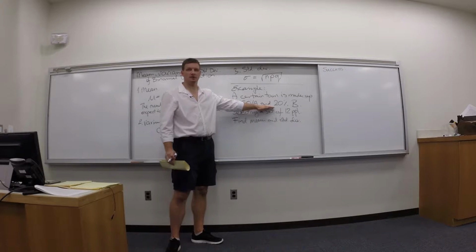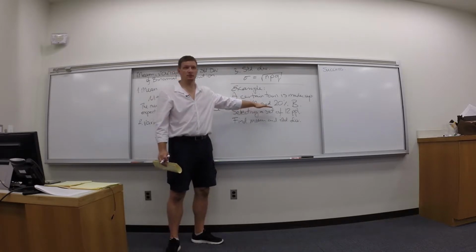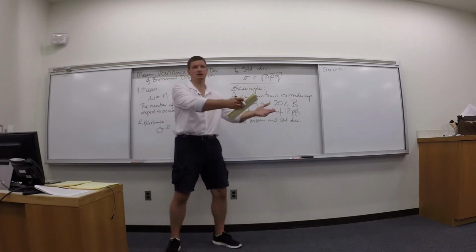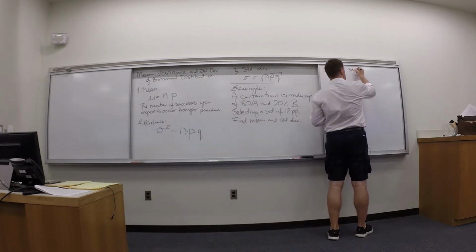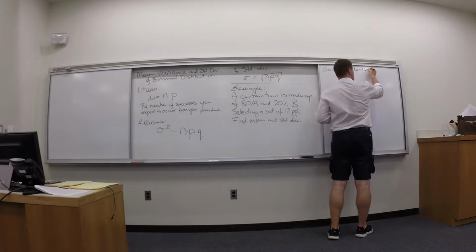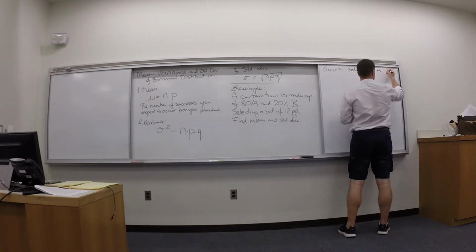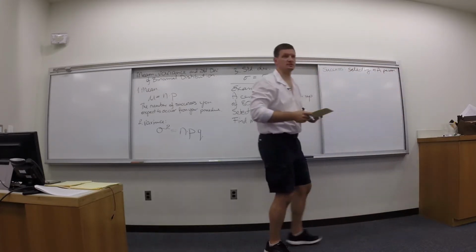We have this data right here, right? If we have a town that is mostly made out of A and not B, we would expect the jury to be mostly made out of A, not B. So how about we just say success is selecting an A person, right?